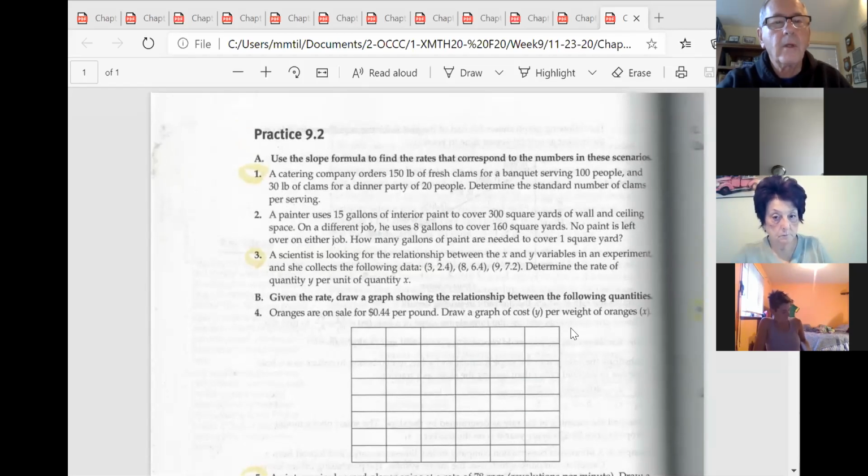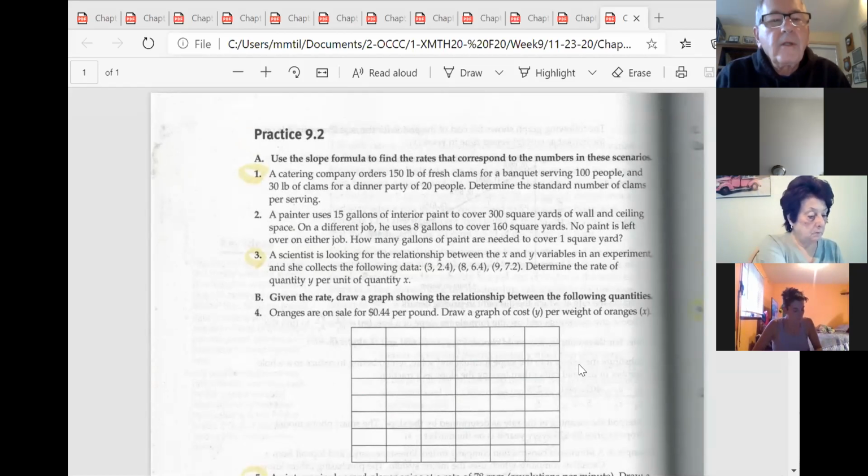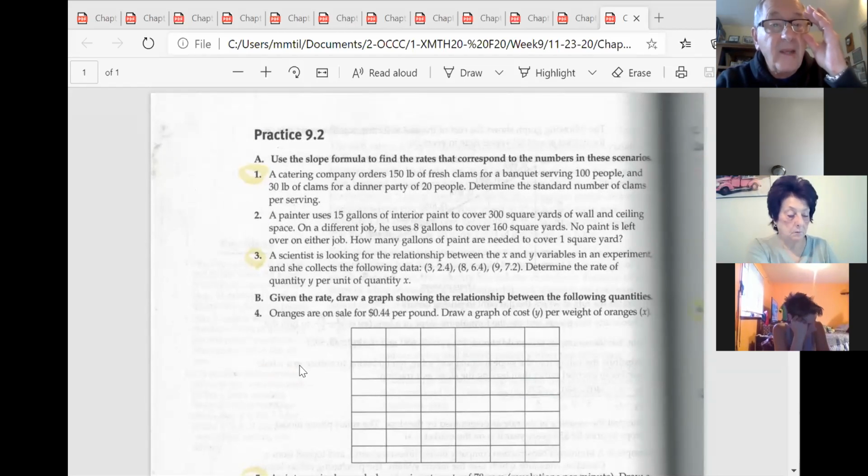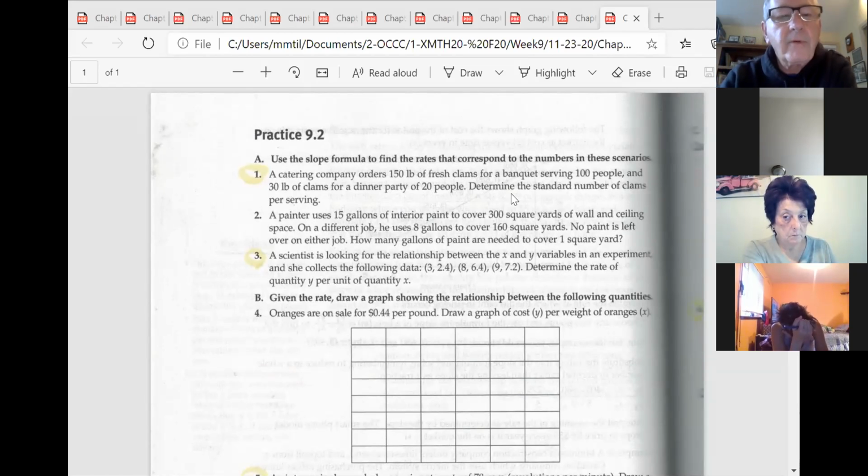I'm sorry. Okay, use the slope formula to find the rates that correspond to these scenarios. Again, it's the same thing. If a company orders 150 pounds of fresh clams serving 100 people, and 30 pounds of clams for a dinner party of 20 people, determine the standard number of clams per serving. You can do the same thing on this one.